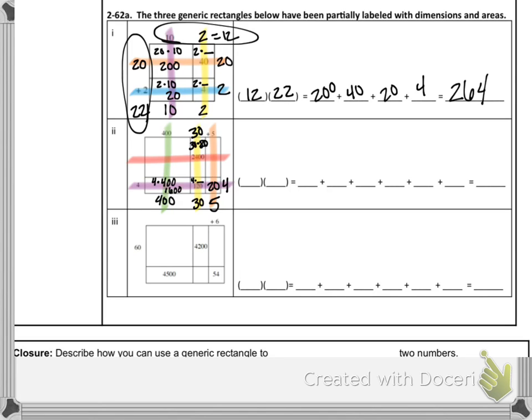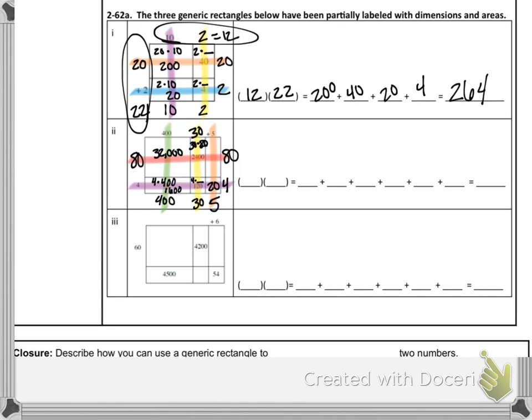So the red value is going to be the 80. And then to find the rest of the products, 80 times 400 is going to give me 32,000.